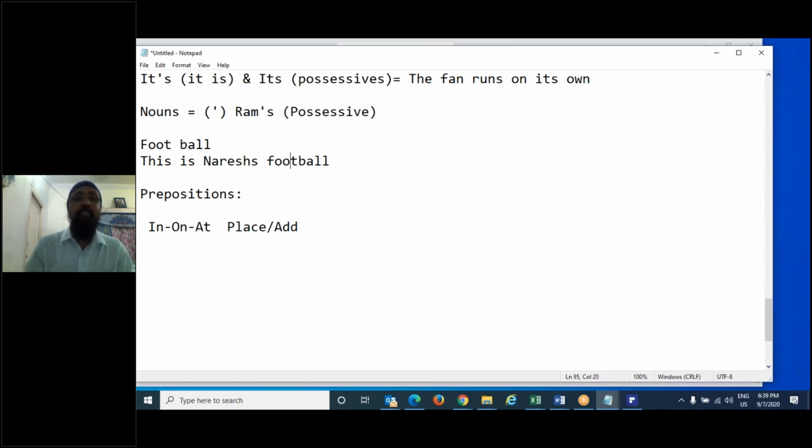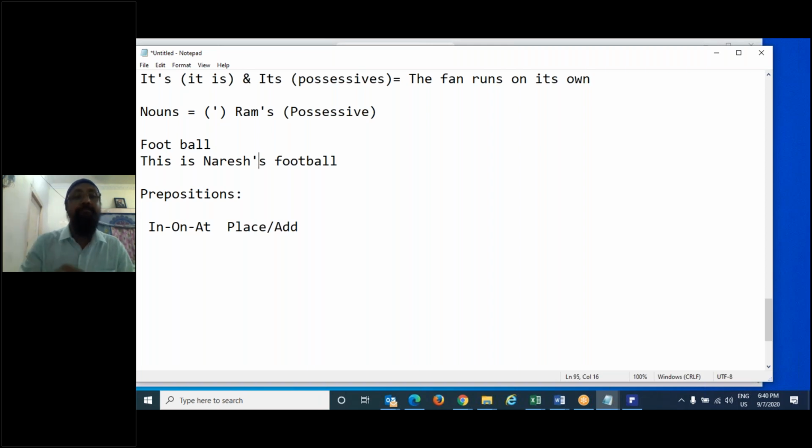If I'm not using single quote S here, I'm talking about more than one Naresh. Along with you, there would be another Naresh who also might be owning this football. But if you are the only one who is owning this football, then I would say single quote S.